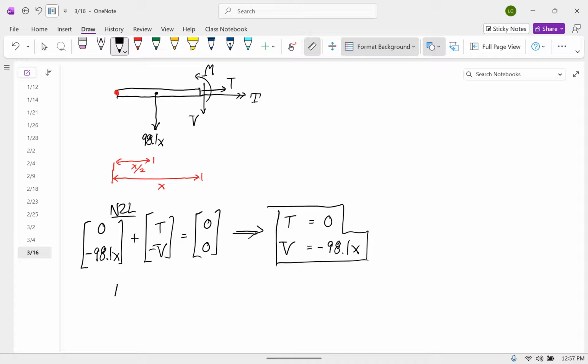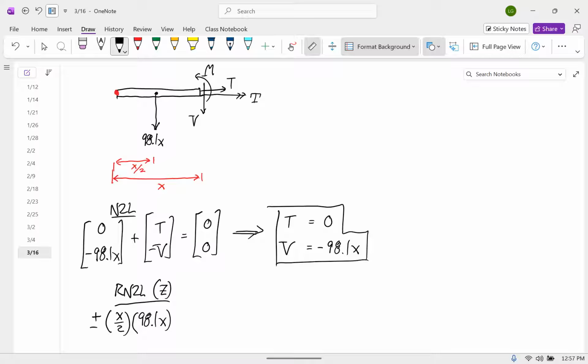And now I'll do my moment equation about the z-axis. So first we have a plus or minus moment arm of x over 2 times a force of 98.1 x. Would that make it rotate clockwise or counterclockwise? The key is the red dot.